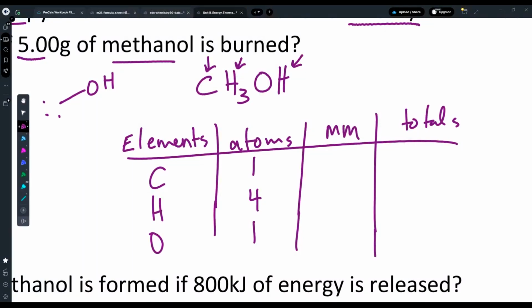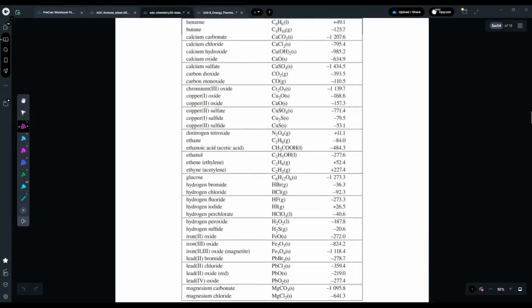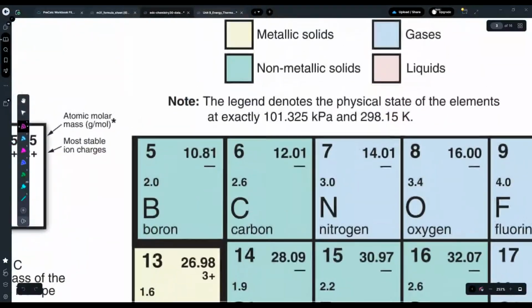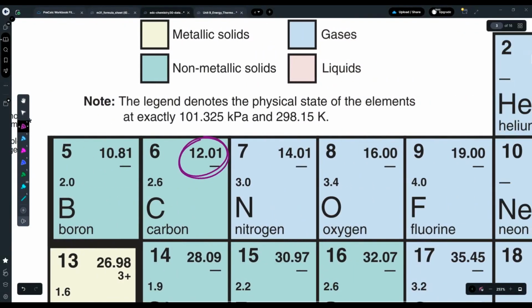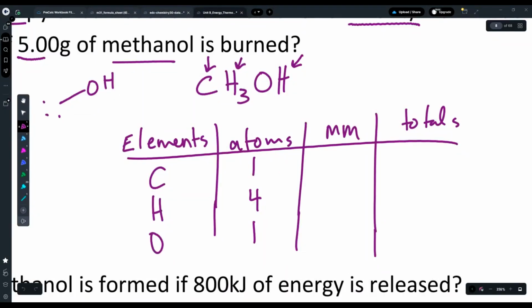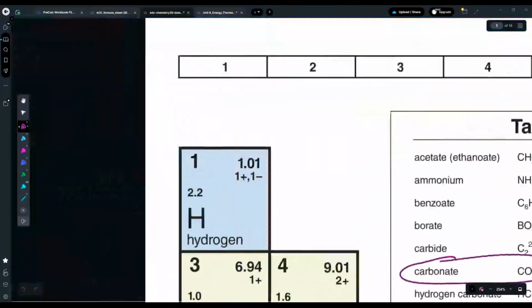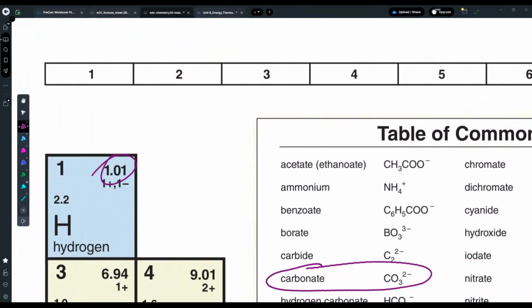Now, for the molar masses of each of these, we have to look at our periodic table. Carbon is going to be a molar mass of 12.01. Remember, molar mass of each element is in the top right hand corner. For oxygen, it's 16. So let's write those down. And for hydrogen, that's going to be 1.01.